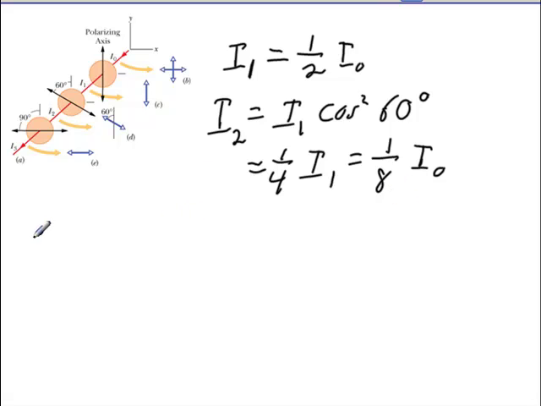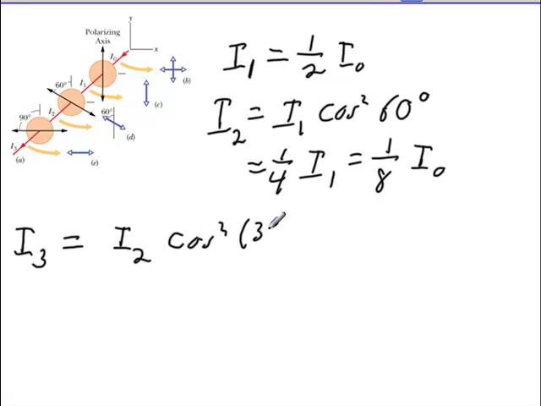Now let's figure out the intensity coming through the third one. Now you're probably thinking, Dr. Leverage, it's obvious. This one is 90 degrees to the first one, so it's going to block out all of the light. Wait a second. This polarizer caused the light to be polarized parallel to this axis. So now I3 should be I2 times the cosine squared of the angle between the second and third polarizers.